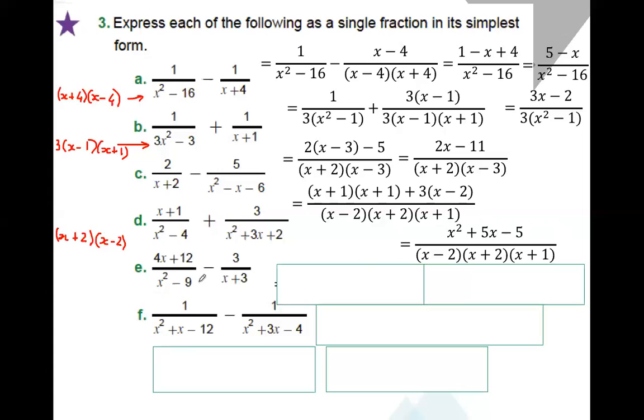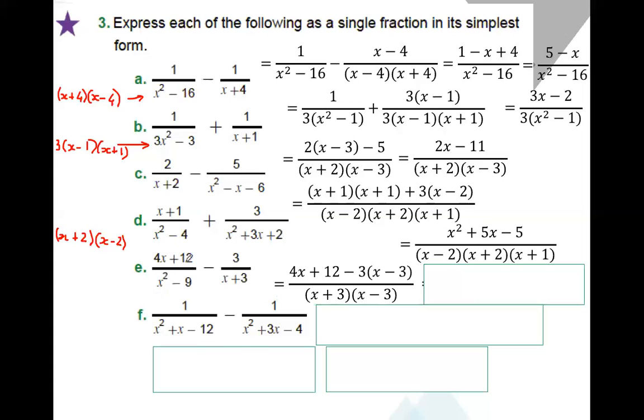So the next one, we've got x squared minus 9. That's going to become x plus 3 times x minus 3. Very much the same as what we've done. But have a look here, you've got 4x and 12. So I'm going to get 4 out, because you can factorize this as 4 times x plus 3. So straight away, this x plus 3 will appear here.